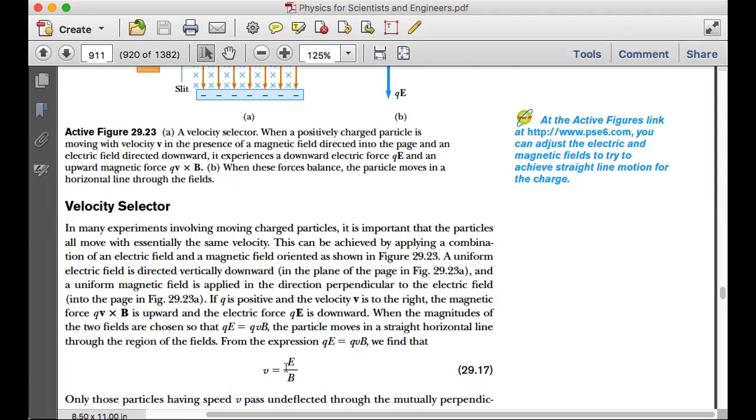We can vary the electric field and the magnetic field to get to know the speed of the particle.